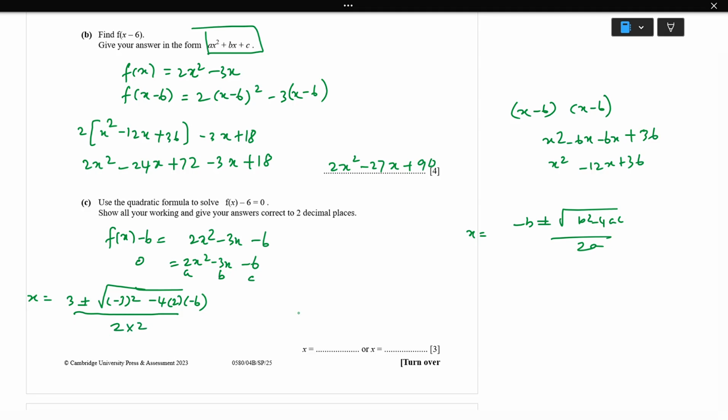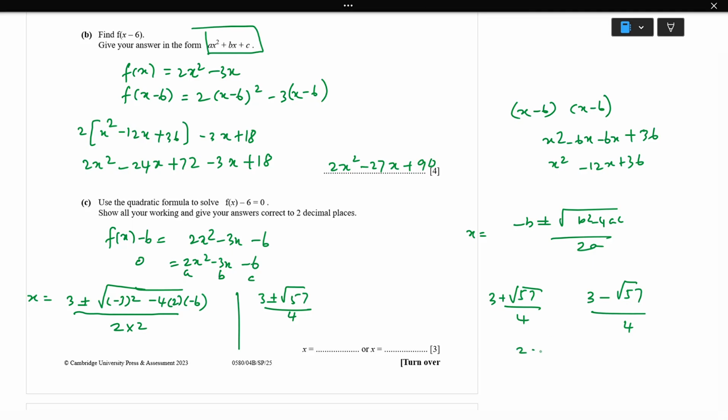When we use the calculator, you will get 3 plus or minus the square root of 57 over 4. This is the answer. One answer is 3 plus square root of 57 by 4, and the other is 3 minus square root of 57 by 4.